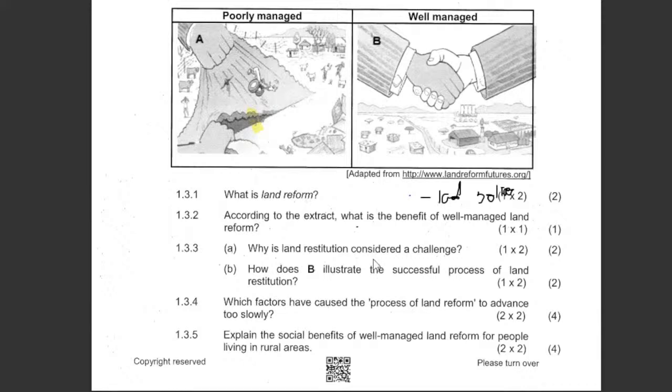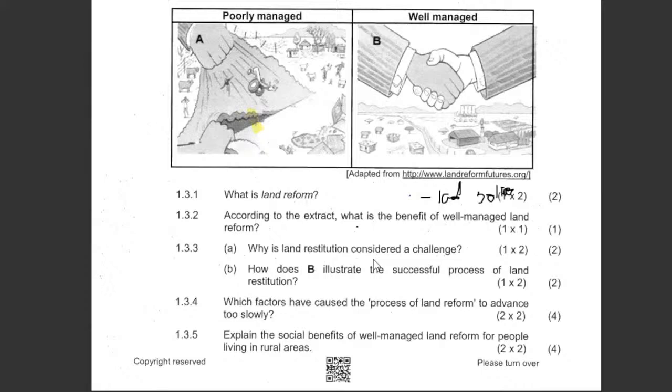Which is B now. B saying, how does this B here illustrate the successful land restitution? How is it illustrating? You can see here agreement has been reached. So when you check A, you can see that there is grabbing of land, things are flying away, people are dispossessed of their land, their property is now thrown away. But here, where there is agreement, you can see that settlements are well established.